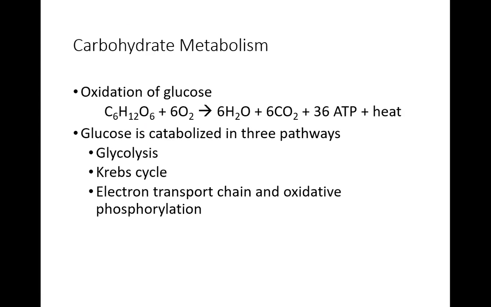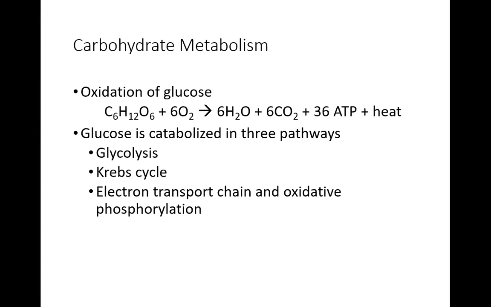In the presence of 6 oxygens, we're going to give off 6 waters, 6 carbon dioxides, and about 36 ATP, about 40% of the energy. And we're going to give off heat. The other 60% of the energy in a molecule of glucose comes off as body heat. But we're going to get about 36 ATP altogether that we can do things with.